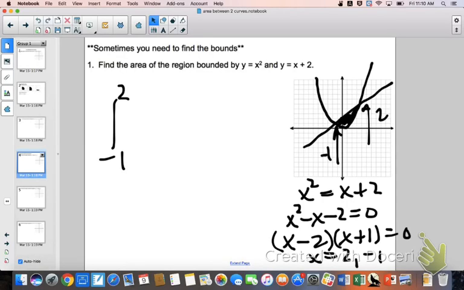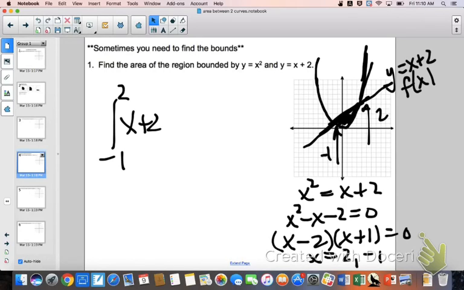Now the top function, even though it looks like this might be the top function, it's not. The top function is right here, so the top function is y equals x plus 2. That's your f of x. So x plus 2 minus the bottom function, which is the quadratic, x squared.